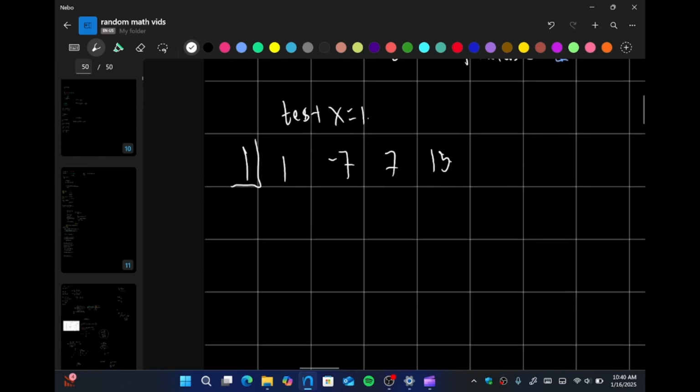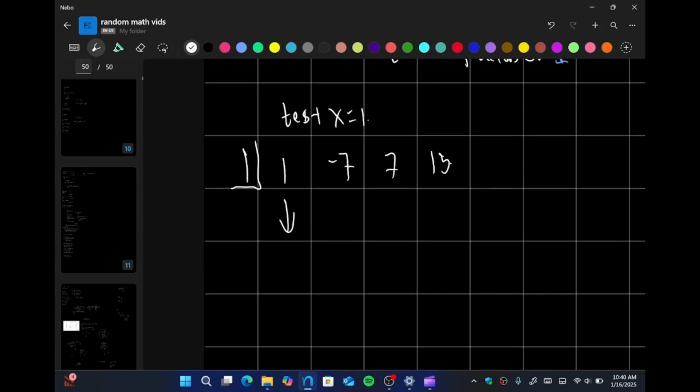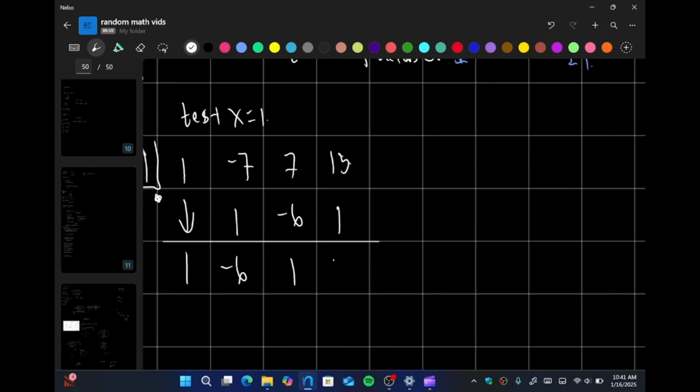First, we move the 1 down. 1 times 1 is 1, so move it over here. I'll put a times here to indicate you're multiplying. Negative 7 plus 1 is negative 6. Negative 6 times 1 is negative 6. 7 minus 6 is 1. 1 times 1 is 1. So 15 plus 1 is 16.